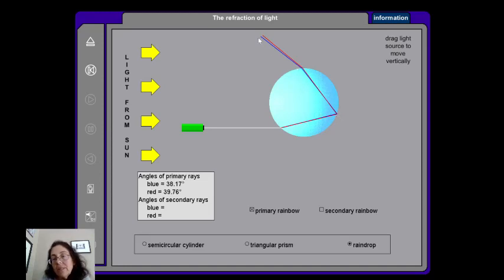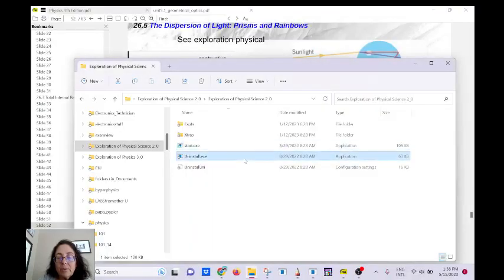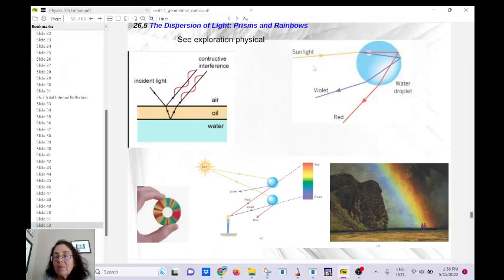So in this direction, you're going to see blue, and in that direction, you're going to see red. But because you have a lot of drops, all the red will be refracted in the same direction, so you have constructive interference. All the red will pile up and all the blue will pile up. So that's what you see. You can do your own research about the formation of rainbows because it's very interesting, but that's the idea.